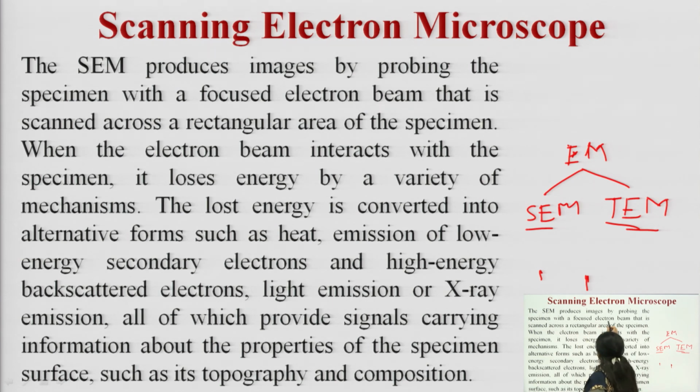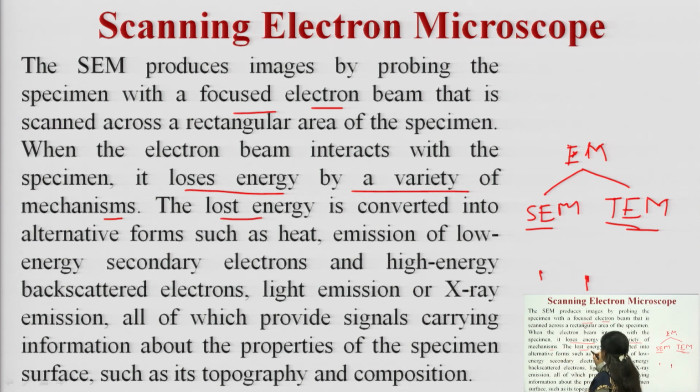The SEM produces an image by probing the specimen with a focused electron beam that is scanned across a rectangular area of the specimen. When the electron beam interacts with the specimen, it loses energy by a variety of mechanisms.